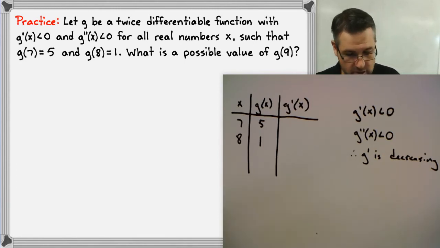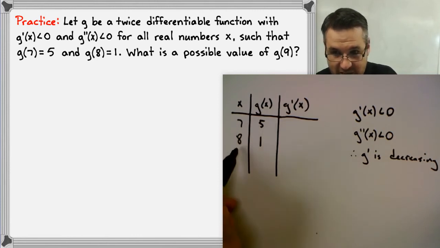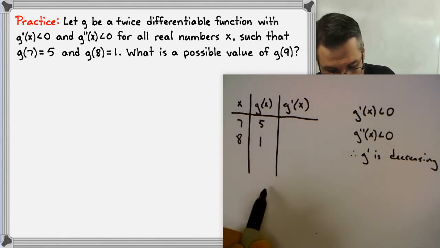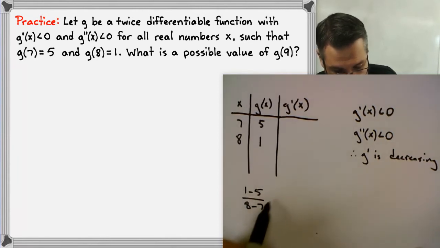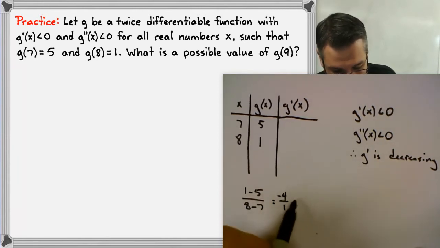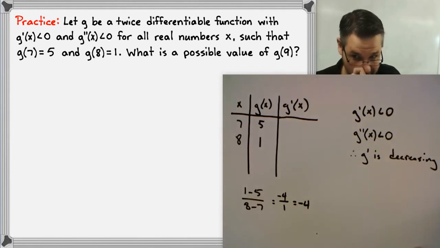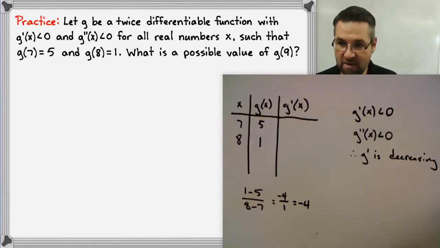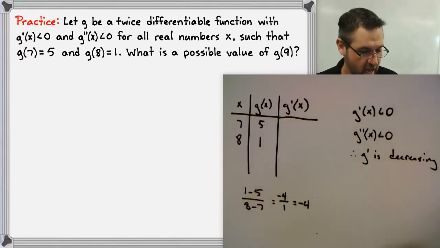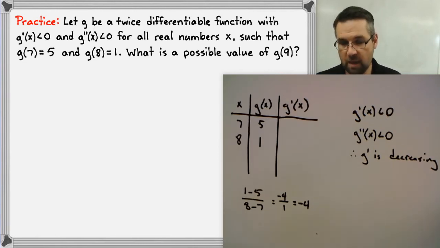So what I'm going to do is go ahead and find the slope between 7 and 8. So I would say 1 minus 5 over 8 minus 7. Well, that's going to be negative 4 over 1, which is negative 4. So we would say that the average slope between 7 and 8 is negative 4. And by the mean value theorem, because G is twice differentiable, that means G is differentiable, and it must be continuous as well if it's differentiable.